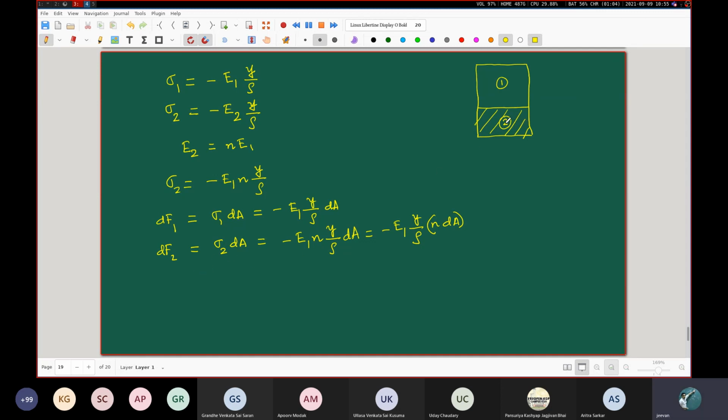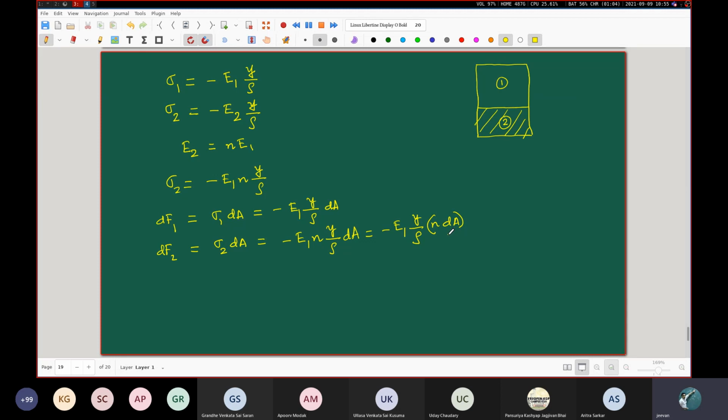So this material 2 is experiencing some force. If you replace that by material 1, it cannot so happen that the force itself has changed. Then the physical truth of the situation gets changed. That cannot happen. So we are considering the change of the material from material 2 to material 1 in such a fashion that the force gets exerted over an area which is n times the original area.